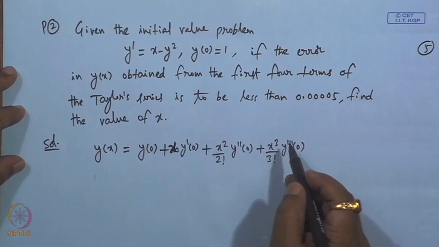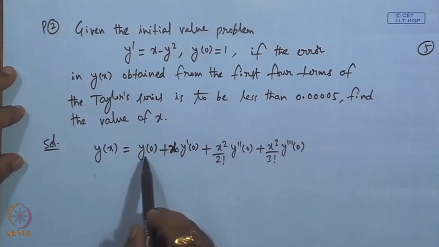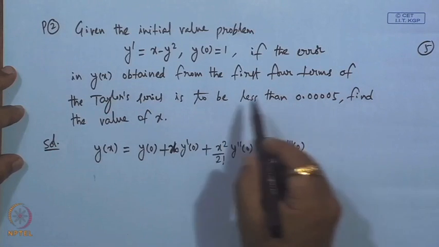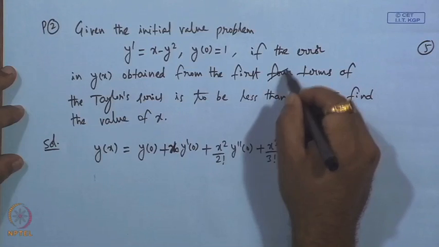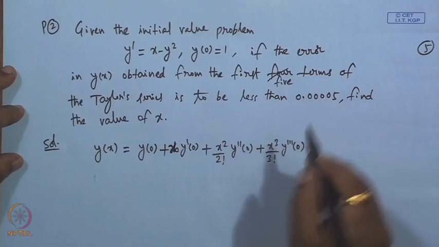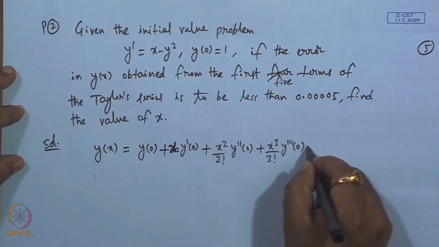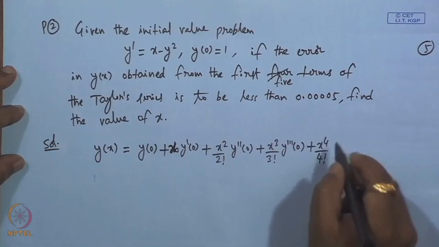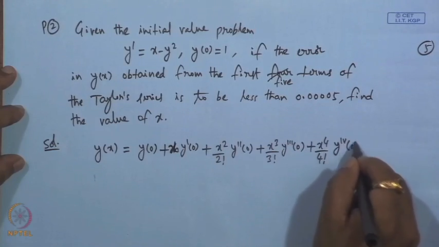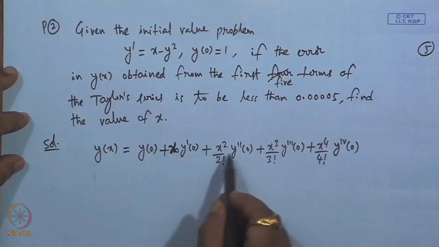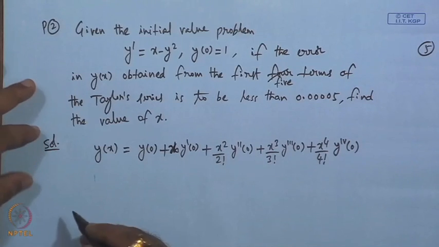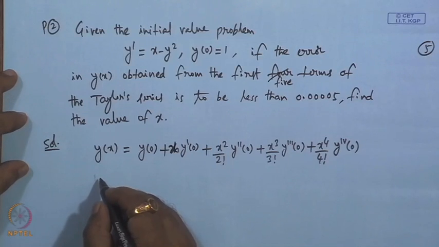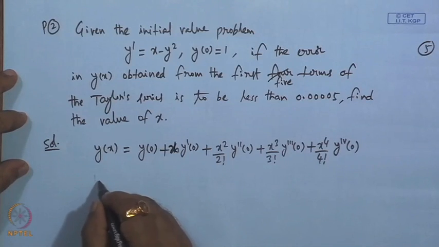Taylor series method, first 1 2 3 4, first 5, let us make it 5. So, that is plus x 4 by 4 factorial, 1 2 3 4 5, first 5 terms. So, we need to compute the higher order derivatives.